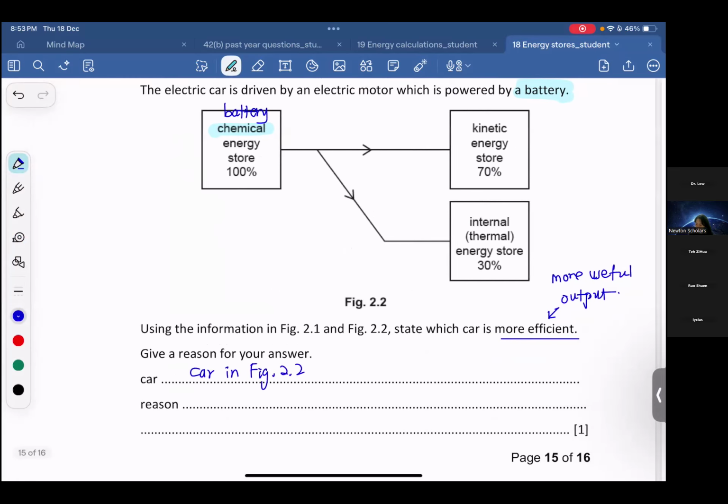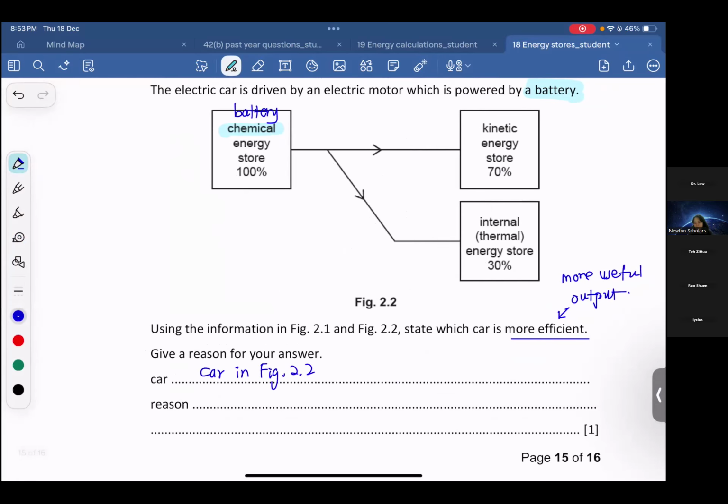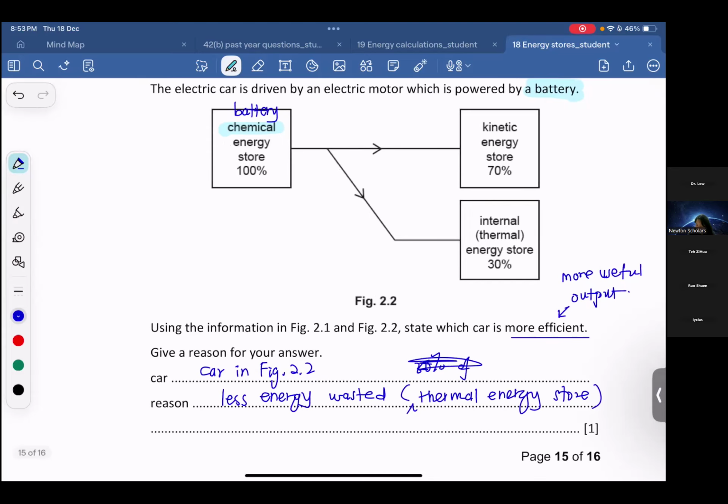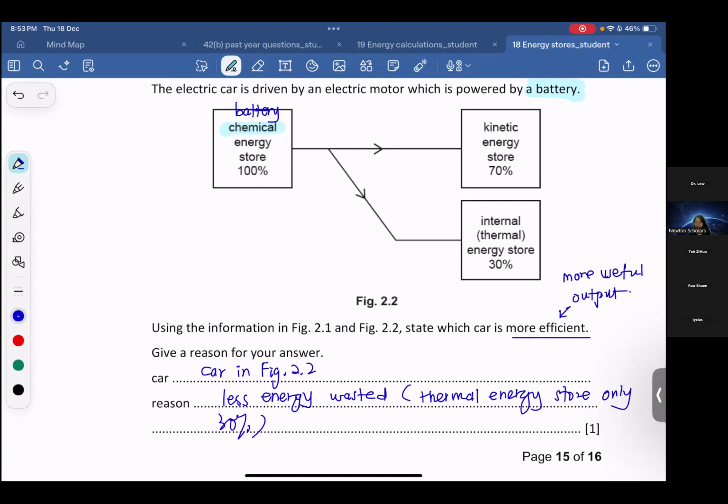Here you can say that because it's producing more useful output energy, which is the kinetic energy stored 70%, or you mention less energy wasted, thermal 30% of thermal energy stored, only 30%.